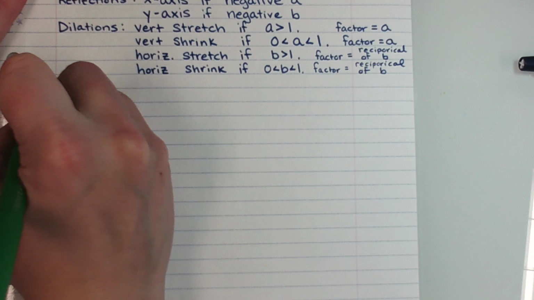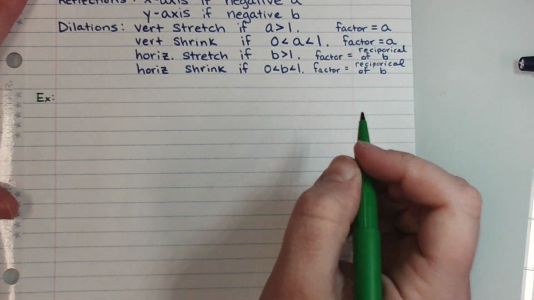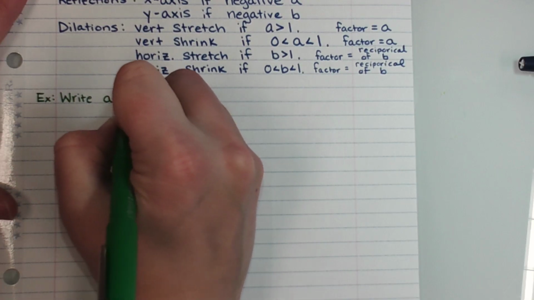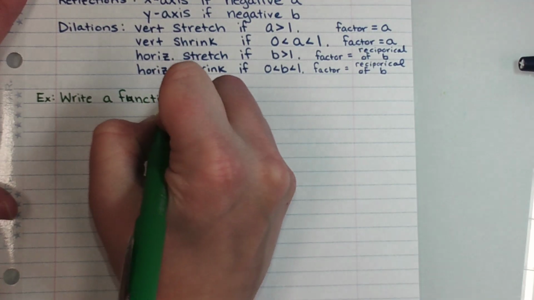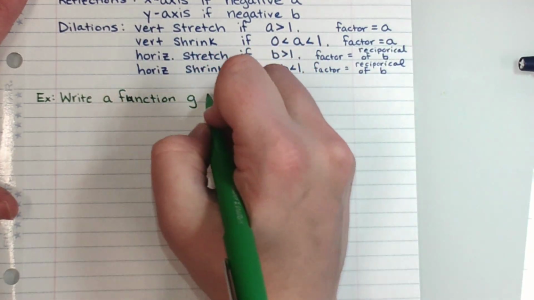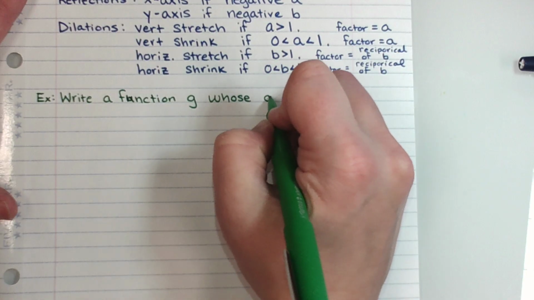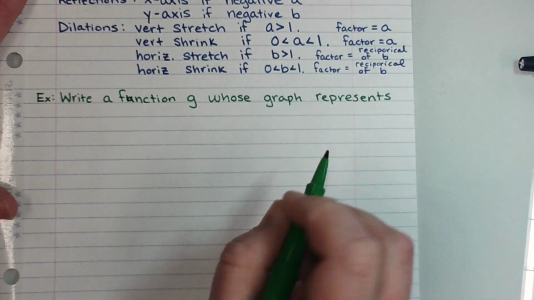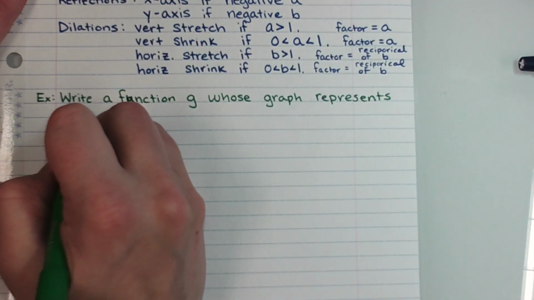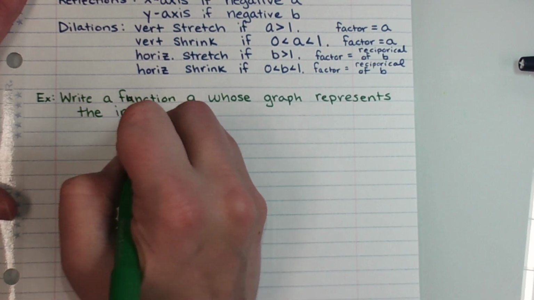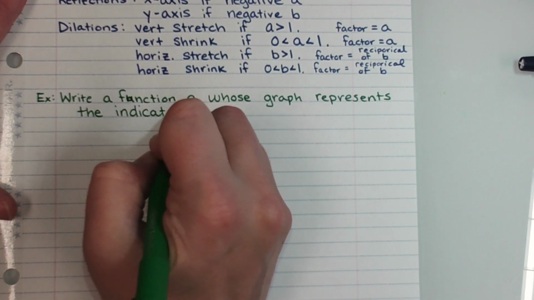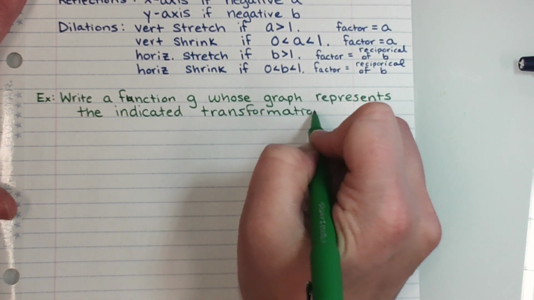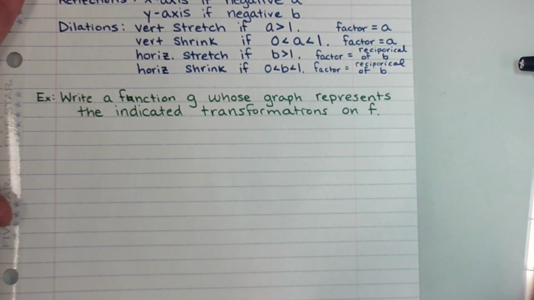Today, the questions that you're going to see are going to ask you to write a function g whose graph represents the indicated transformations on the function f.